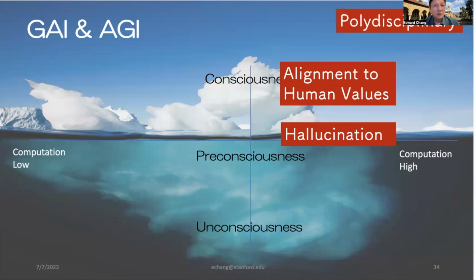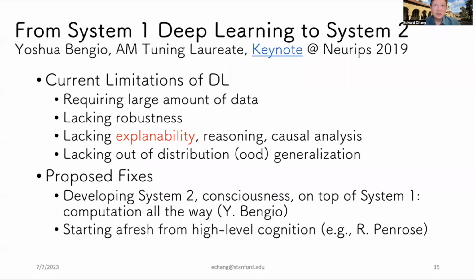be modeled? Impossible. So let's go back to look at Yoshua Bengio's keynote conducted about 4 years ago. He said the current AI has run into some limitations, including the robustness problem, as we just mentioned, the interpretability problem, and that it couldn't do reasoning. This is again true for the foundation models.